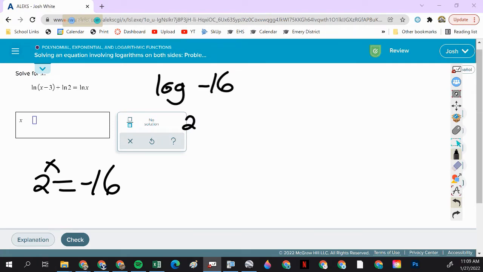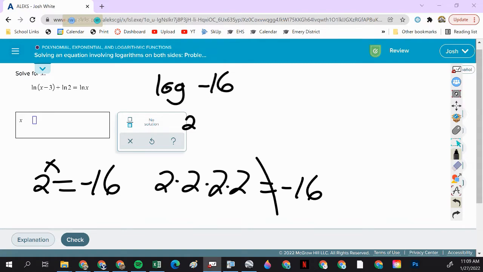Nope. Turns out there's no way to do it. What I'm asking you to do is line up 2's until you get to negative 16. How many positive 2's does it take to create a negative 16? It will never work. So whenever you solve a logarithm problem, you always have to check that you don't create negatives.